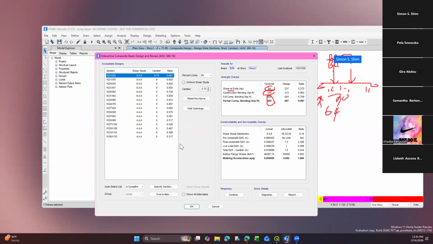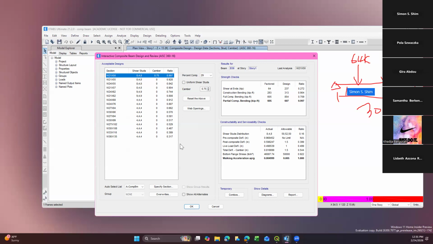Close it. Because we saw single beams there, the reaction is 64 kips. So for 30 feet, it's about 10 feet. I think the maximum bending, if I calculate roughly, is 64 times 10, so 640. But they're showing 605. The reason is they take some column dimensions off.